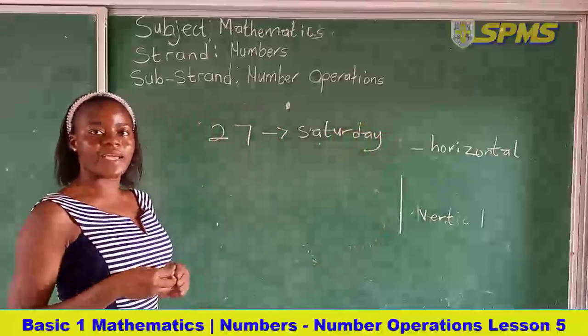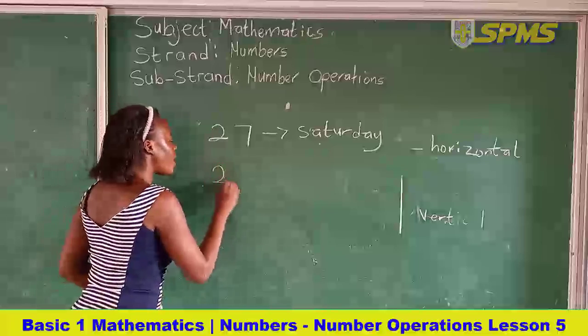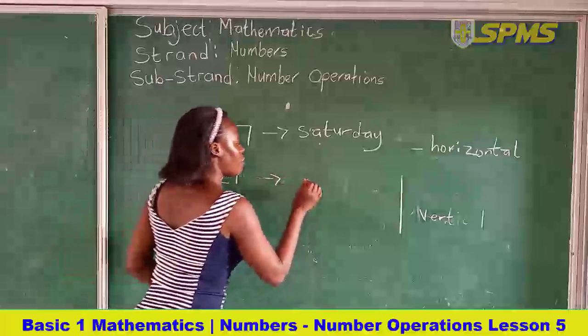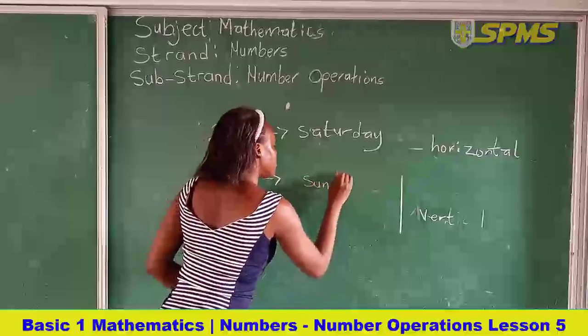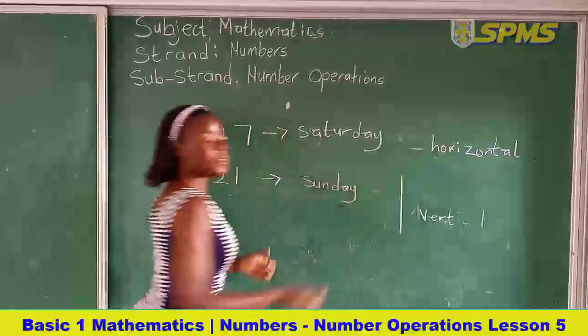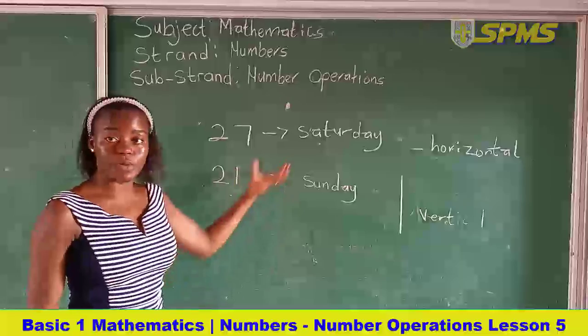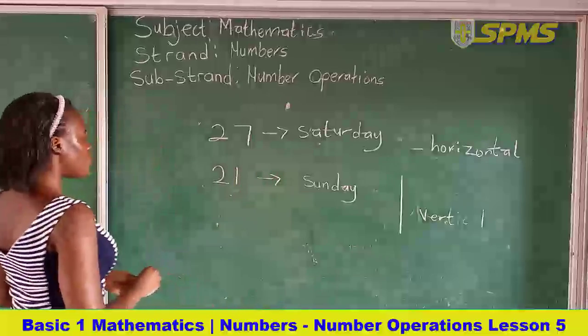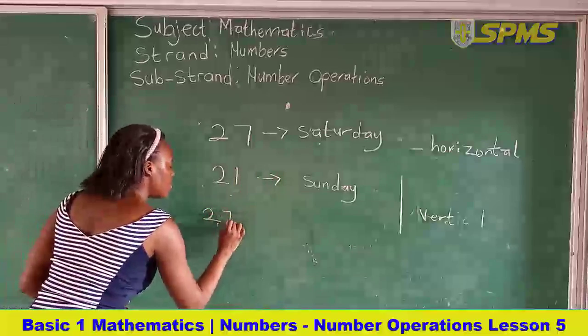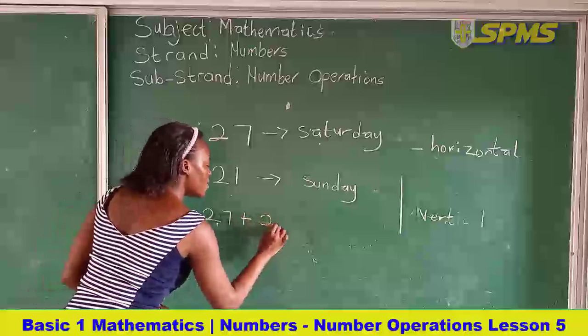Then Sunday, he read 21. Now we are going to look at the total. So we are going to add. Okay, so 27 plus 21.